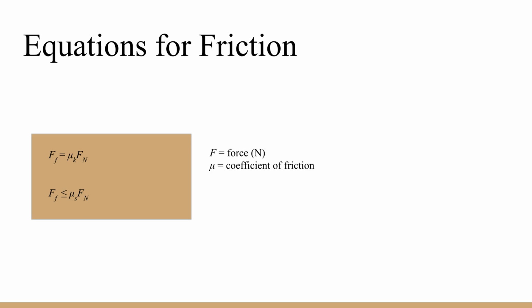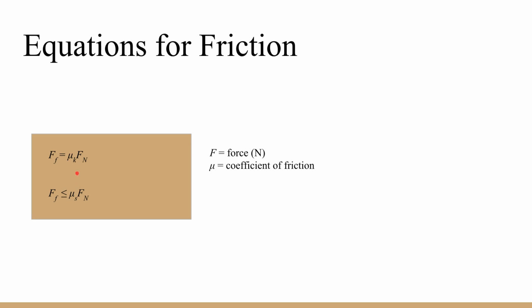Or you could really push on the bookcase and still not have it moving because the force of static friction will have the same force just in the opposite direction. So this static friction force can change. That's why there's a less than or equal to sign. But once you have a force greater than mu s times F n, then static friction gives way, and the box will start moving.